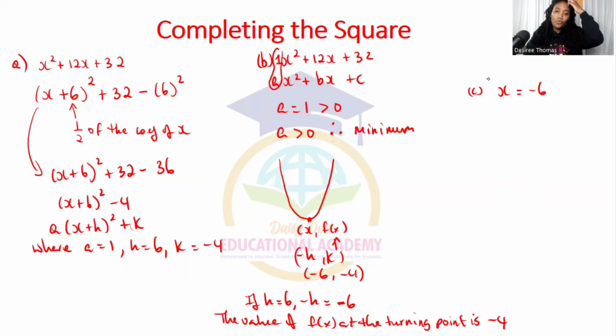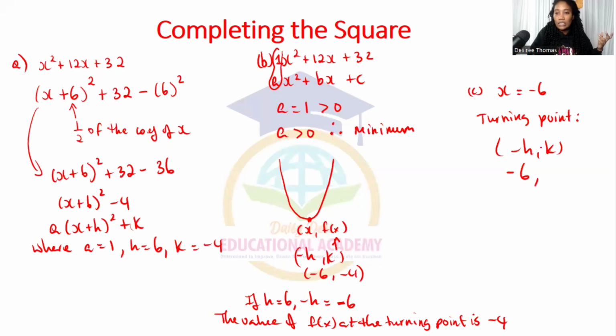All right, so let me just go through that again, just to make sure you grasp that. So the turning point occurs at minus h, k, and we know that this is the x and this is the y value when we are sketching our graph. We got minus h to be, well, h is 6, so minus h would be minus 6.